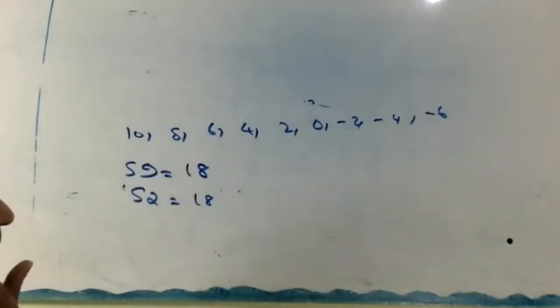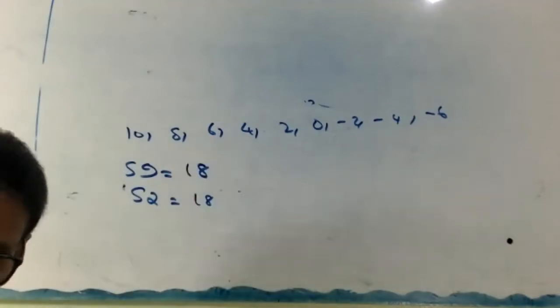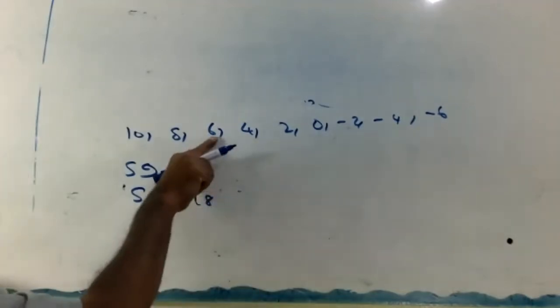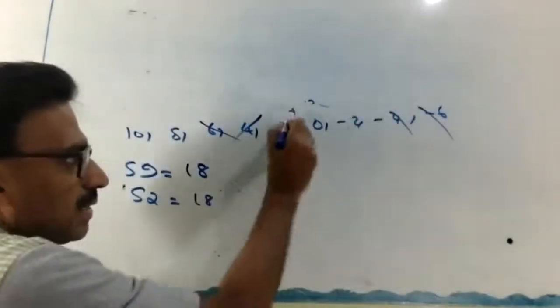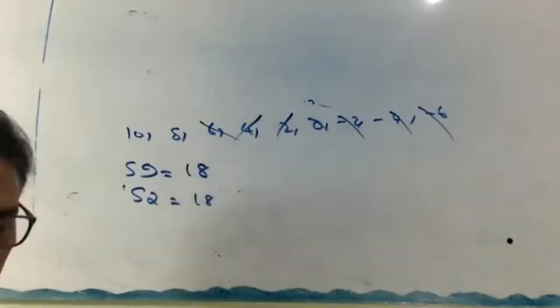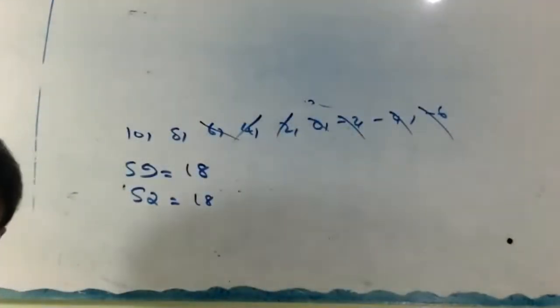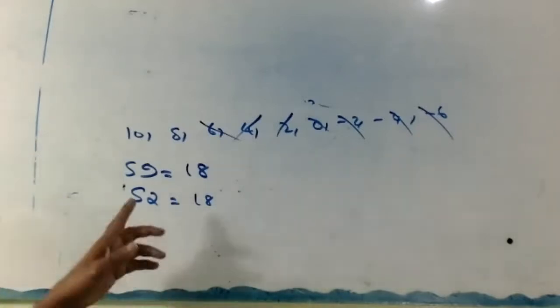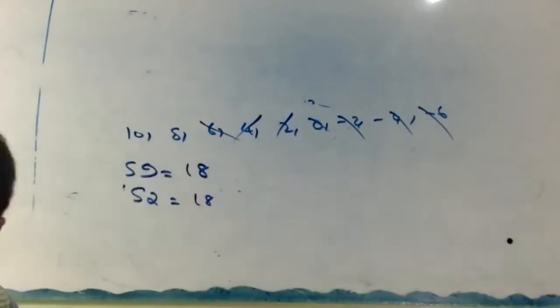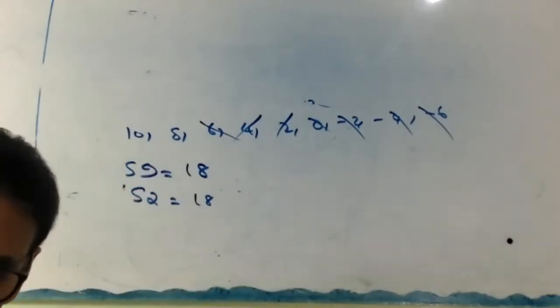After the second term, the terms are diminishing. Here this 6 and this 6 cancel, this one and this one cancel, and this is 0. That is the reason for the double answer. The reason is since D is negative, after the second term the terms cancel out each other.